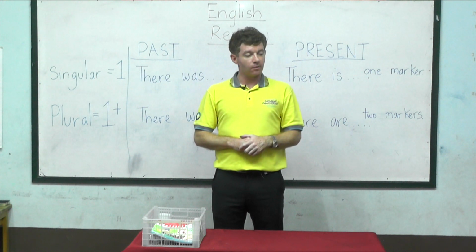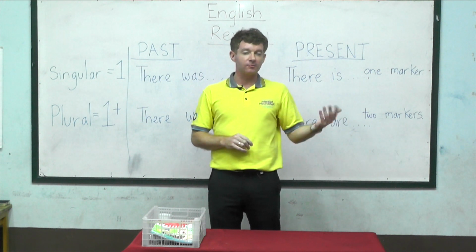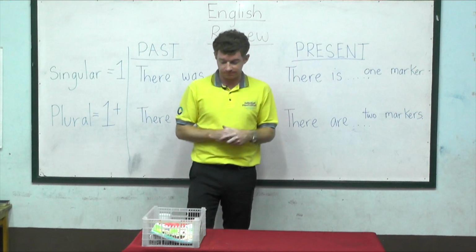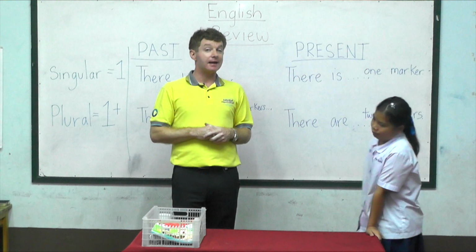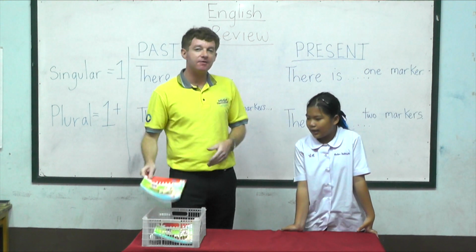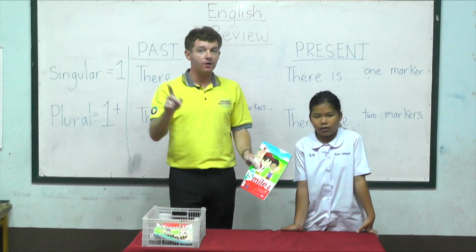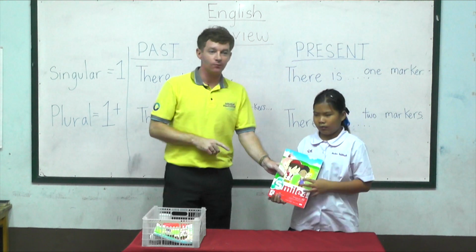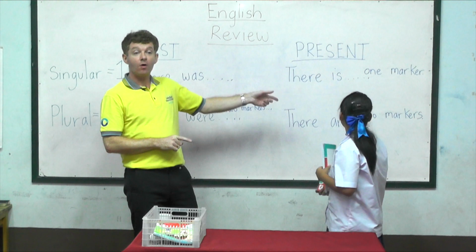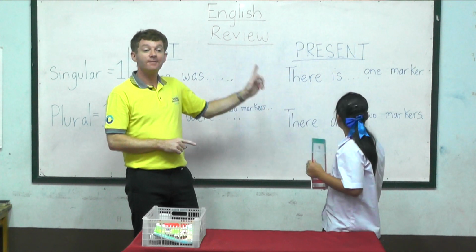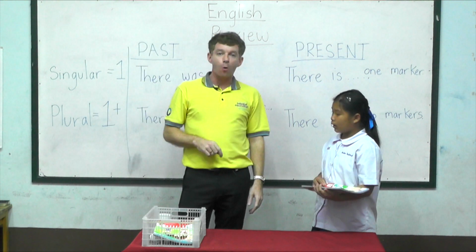So first of all, I would like to ask Lakgao to come and join me at the front of stage. Okay, so Lakgao will come first. And if I give Lakgao one book, now, present, what do we say? There is one book.